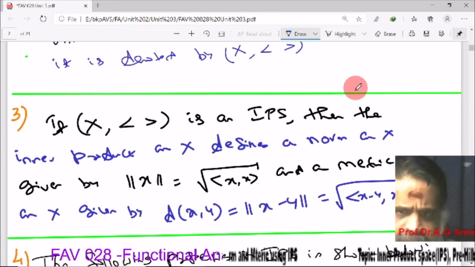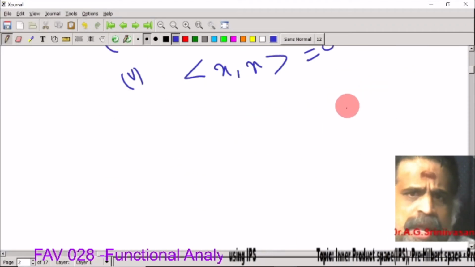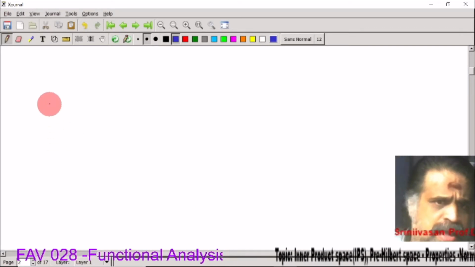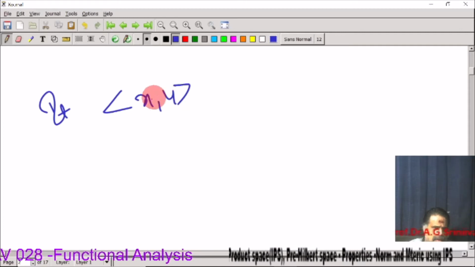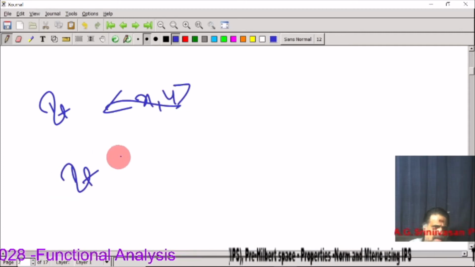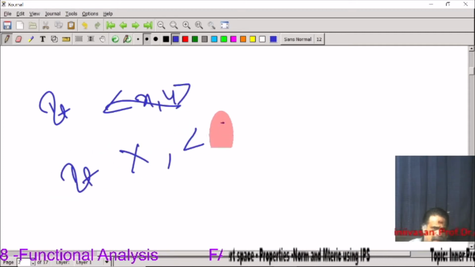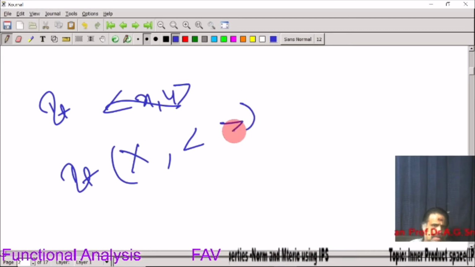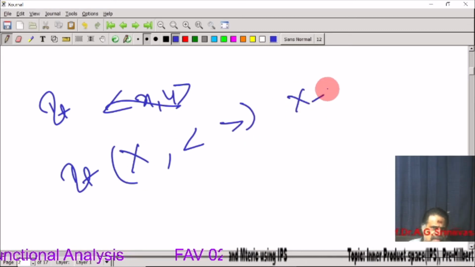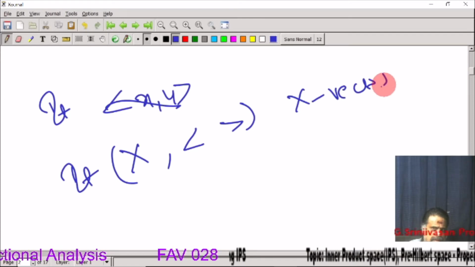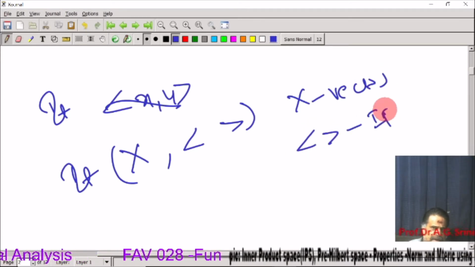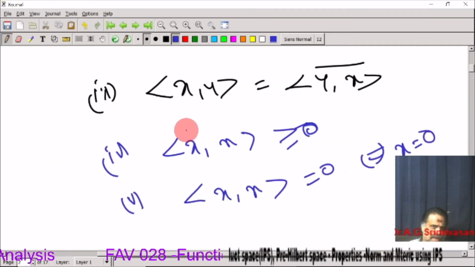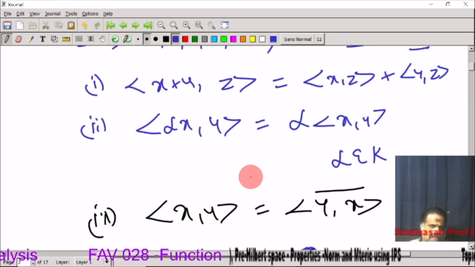It says that if x is an inner product space, which we denote by this symbol, it means that x is a vector space, and this inner product satisfies the 5 axioms of inner product.